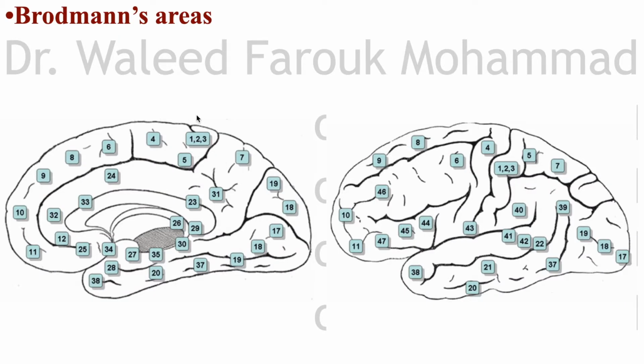Now, a scientist called Brodmann was examining the brain and taking tissue samples from different areas of the brain, and he puts it on slides, histology slides, to study. Of course, he had to number the slides.